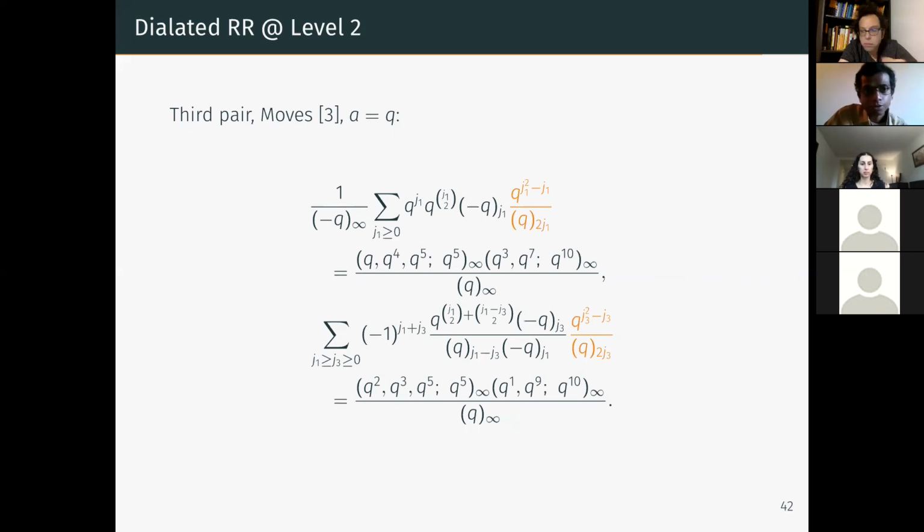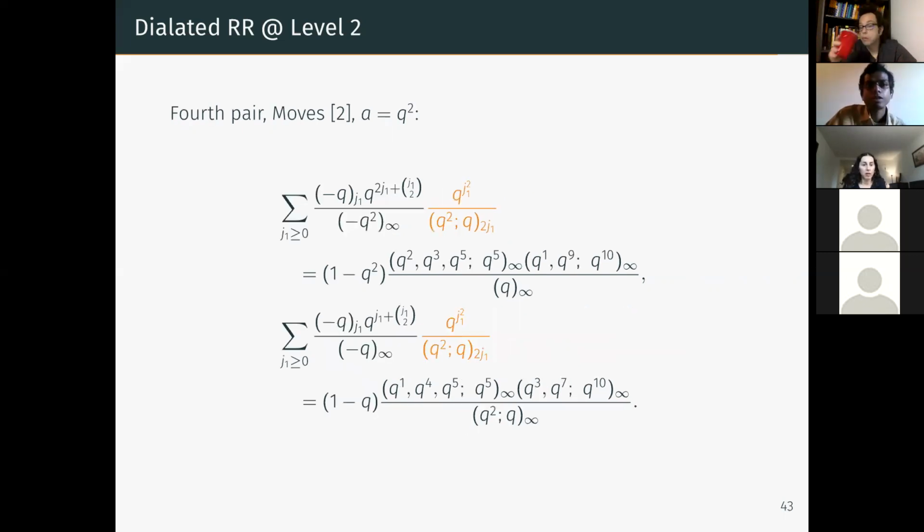If you actually use the fourth pair for the same, getting the same Rogers-Ramanujan, and now its base is q squared, then you get these two sum sides. Now it'll take you more than a few seconds to realize probably that the first sum side is the same as the one I showed you before, and it'll only take you a few seconds because I put them in different slides.